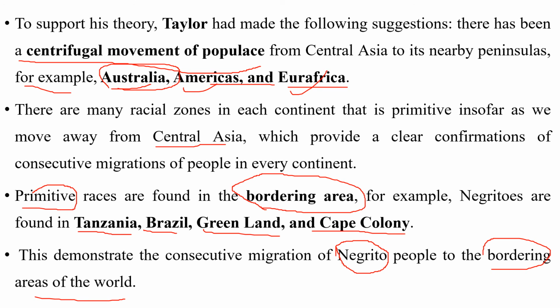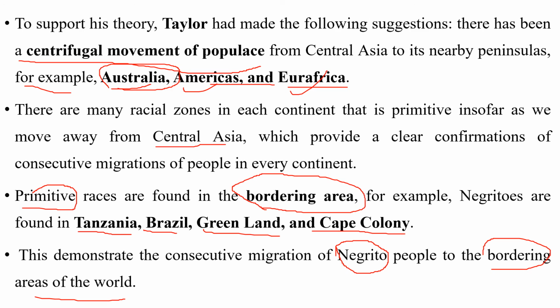They are located near the borders of the world. In Southeast Asia there are some. In the southernmost part of India, there live these Negritos, means these are the primitives. Sri Lanka is there. African countries are also places where you can observe such Negrito peoples.